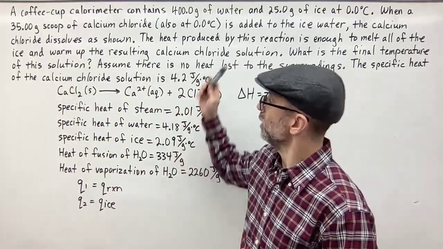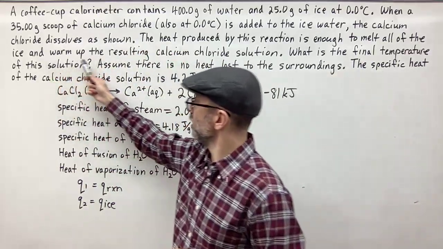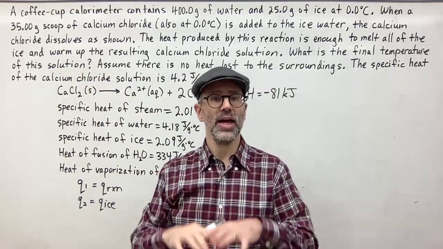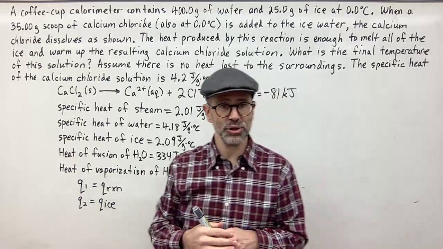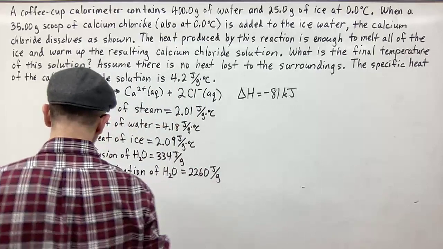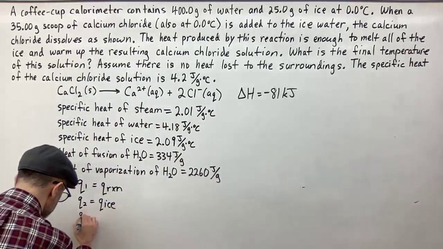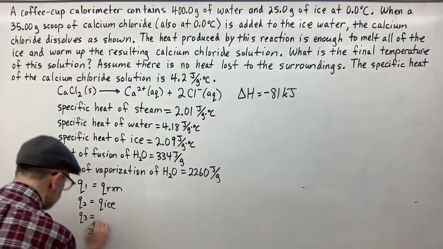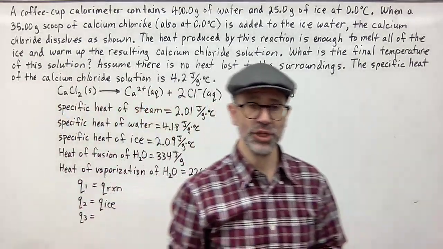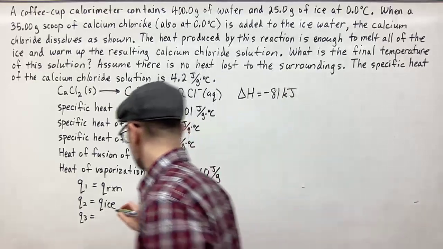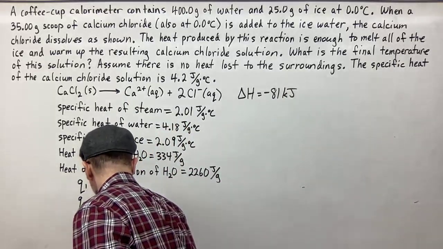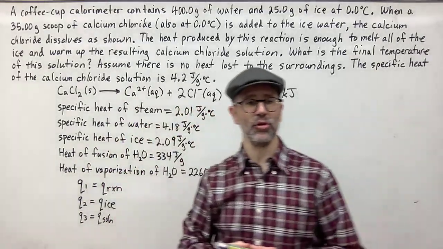Next, we're told that the rest of the heat is going to warm up the resulting solution. So we have this calcium chloride solution that is also going to absorb some heat. That's going to be Q3. So Q3 is going to be the heat of the solution, the Q of the solution, the amount of heat absorbed by the solution.